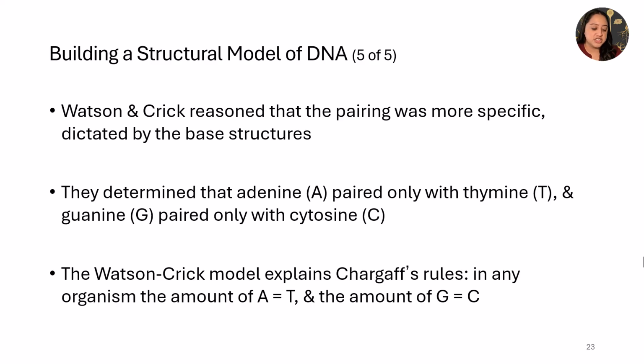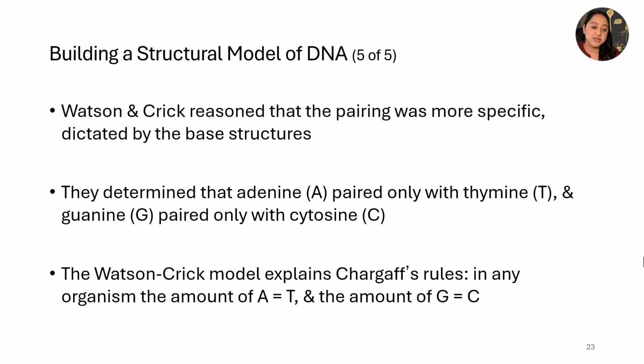So it's not just any purine and any pyrimidine. Adenine pairs only with thymine, so A always binds with T, and G always binds with C. Guanine only pairs with cytosine. And so that's how it has to work out.